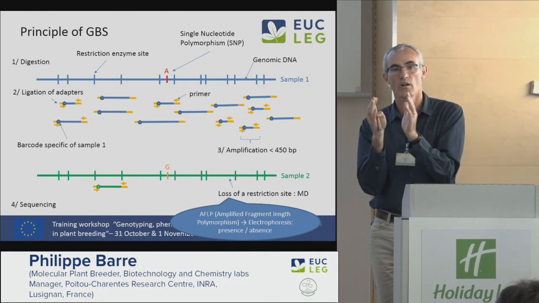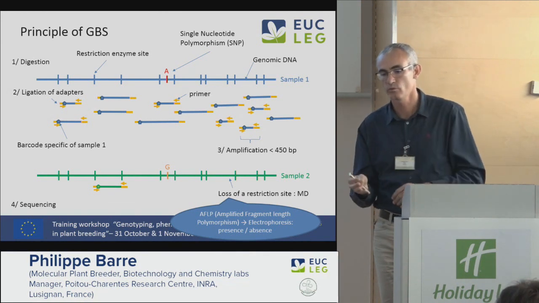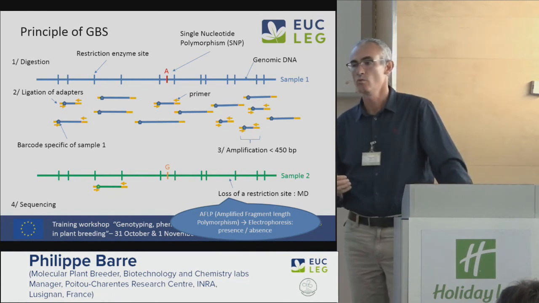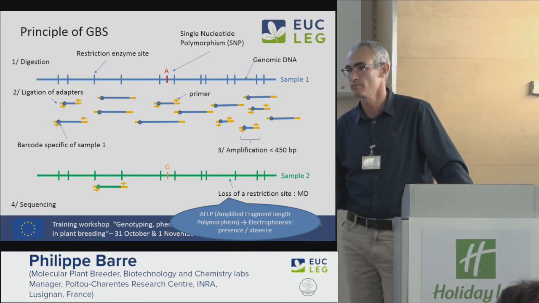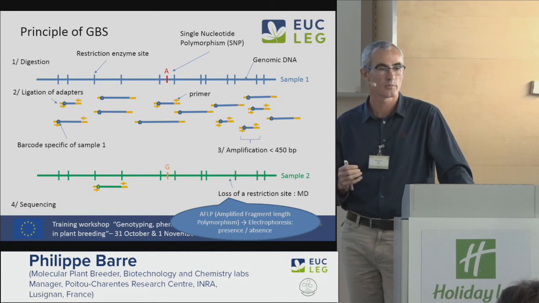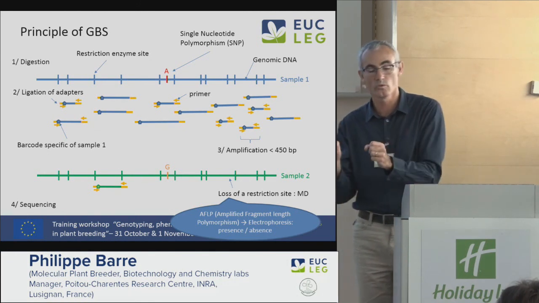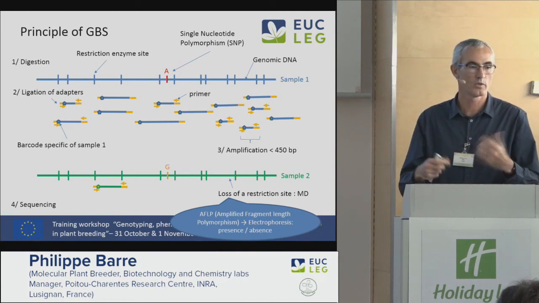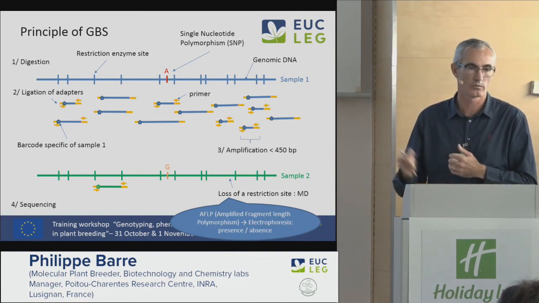So you will only have fragments between, let's say, 50 to 450 base pairs. So you have a selection of the fragments, and you only get some fragments that you will be able to sequence afterward.